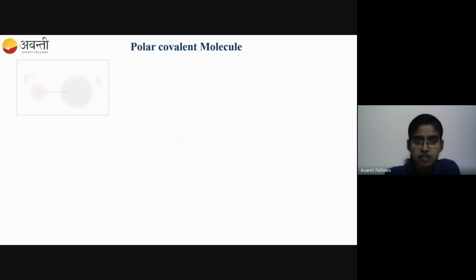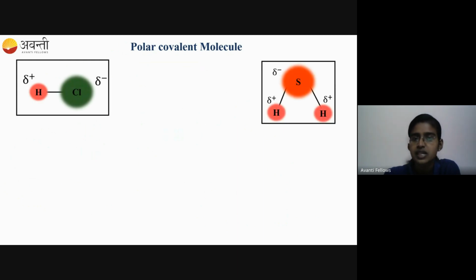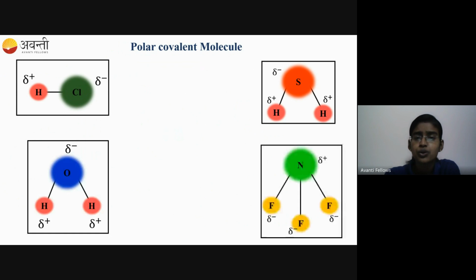The examples of polar covalent molecules are HCl, H2S, H2O, and NF3. In all these molecules, one atom is different from the other. Bonded atoms are different. One is more electronegative than the other. The one which is more electronegative is gaining the electron and getting the negative charge.